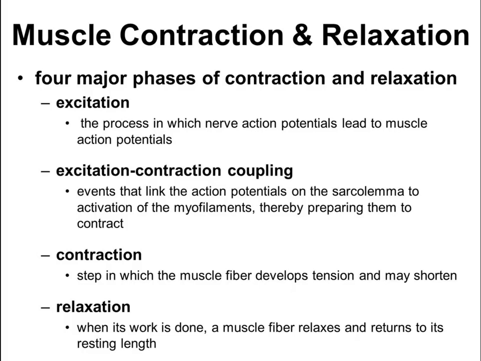We then have the active contraction, which is a step in which the muscle fiber develops tension and may shorten. And then we have relaxation. When the work is done, the muscle fiber relaxes and returns to its original resting length.